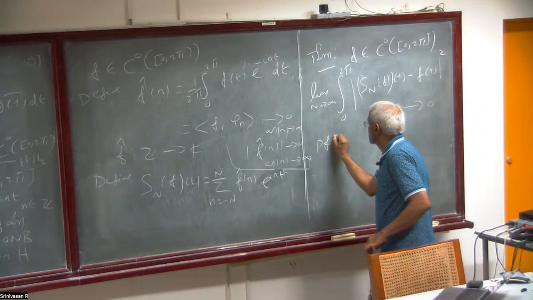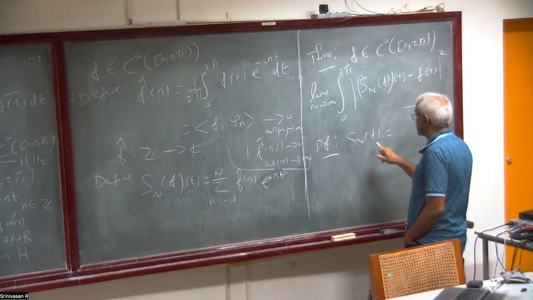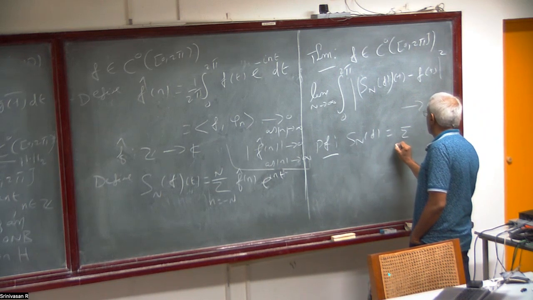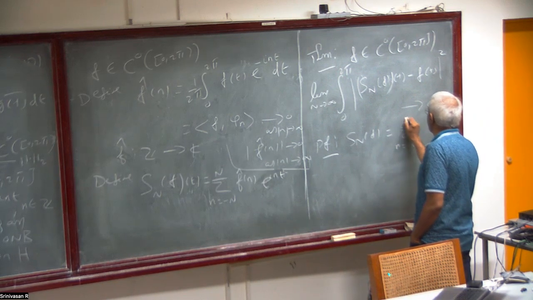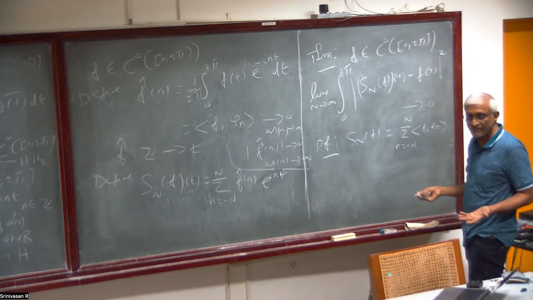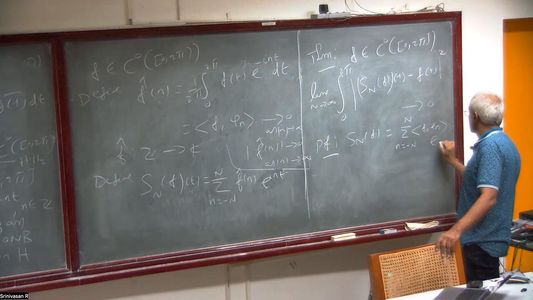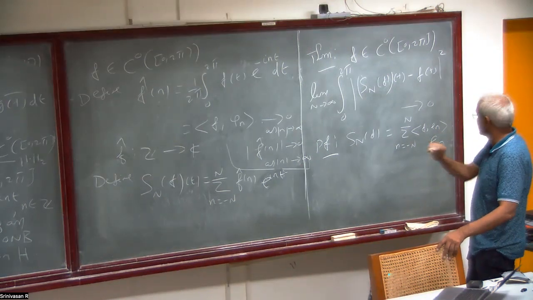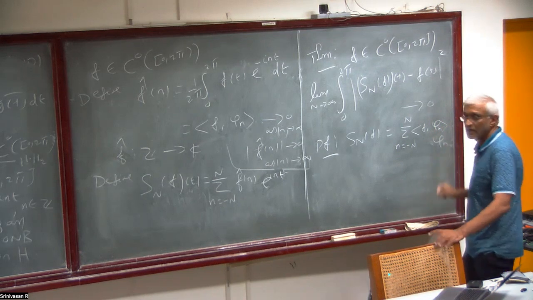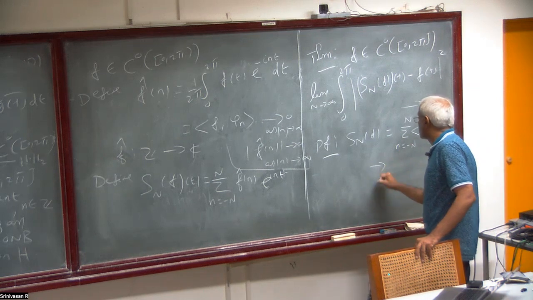The proof is easy. Sn f, as a function, is nothing but the summation from n equal to minus n to n of the inner product of f with phi n, times phi n. And we know that this converges to f.